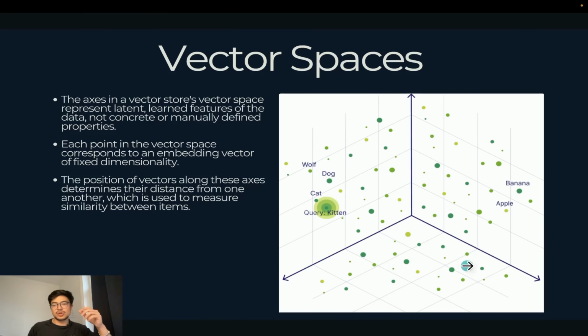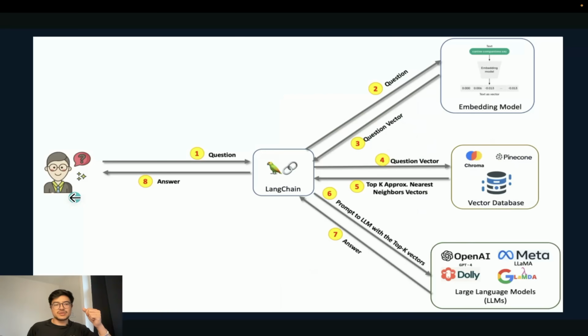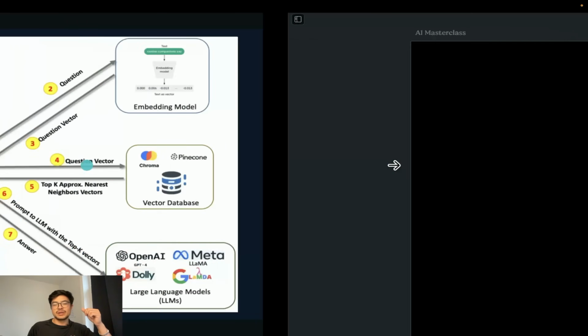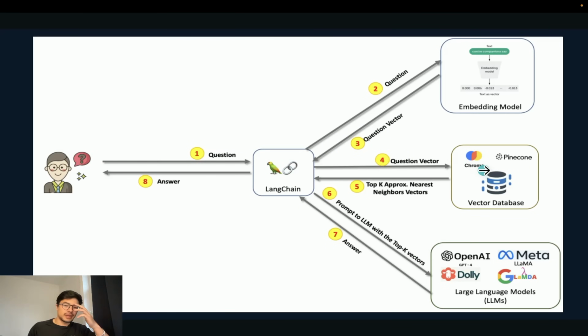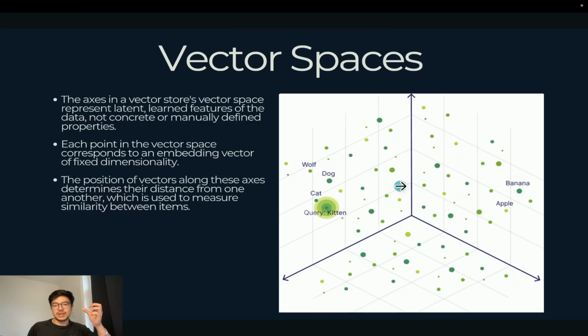So this is the animal cluster, and this is the fruit cluster, for example, so that when we ask a question, we can turn it into a vector, and now those vectors that represent the question can be placed on this graph, right, or chart.